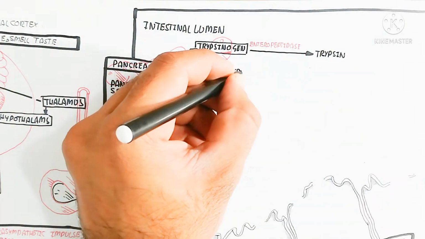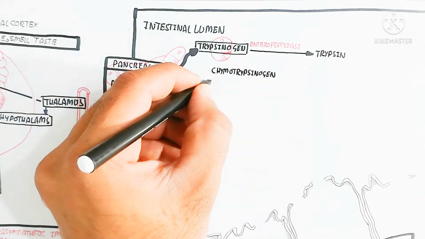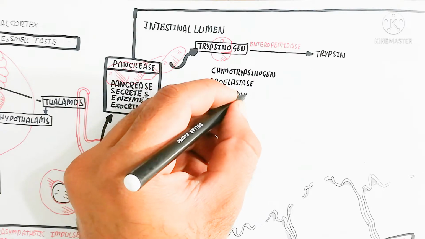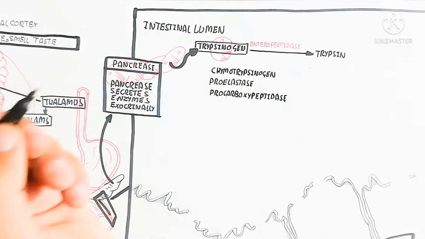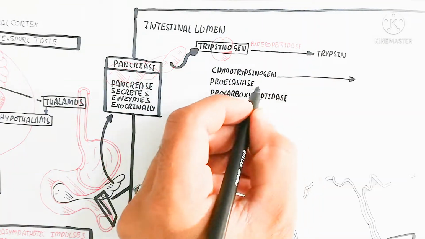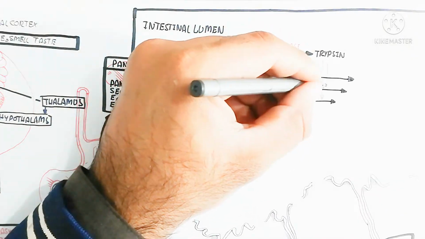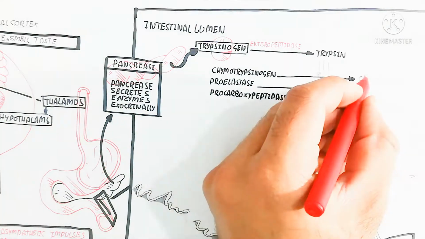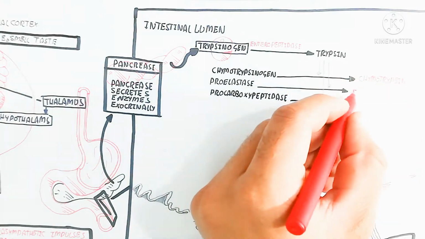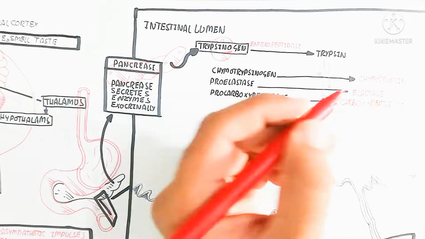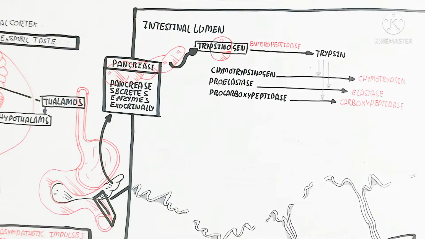This enzyme will activate the chymotrypsinogen, proelastase and procarboxypeptidase, which are activated by the trypsin enzyme, and the chymotrypsin, elastase and carboxypeptidase will be formed.